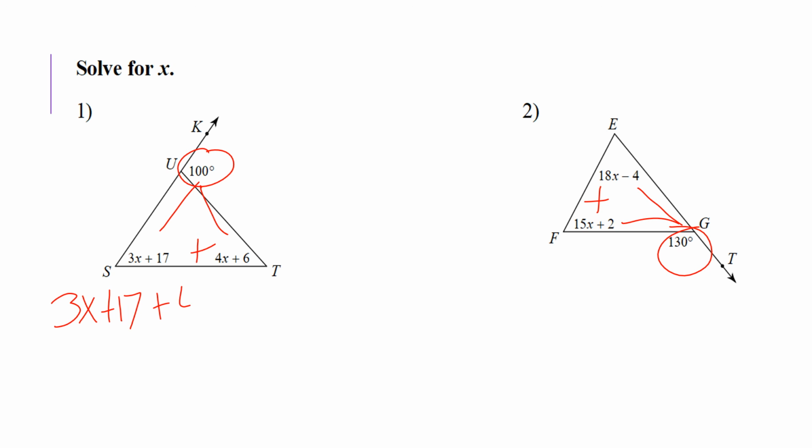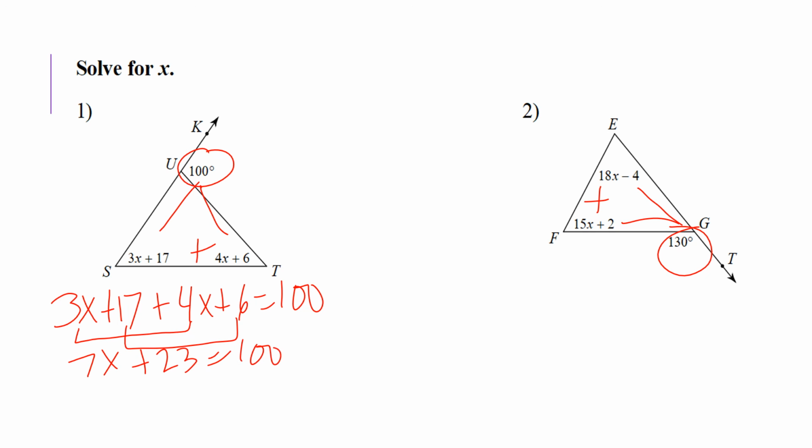3x plus 17 plus 4x plus 6 equals 100. And then I would solve for x. So 3x plus 4x is 7x. 17 plus 6 is 23. And you set it equal to 100. Subtract 23 from both sides, you would get 7x equals 77.